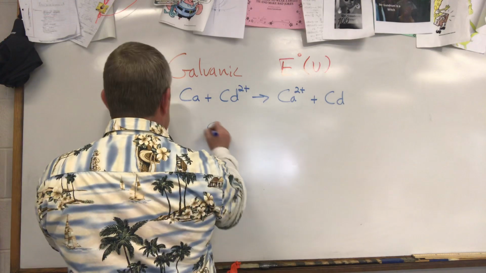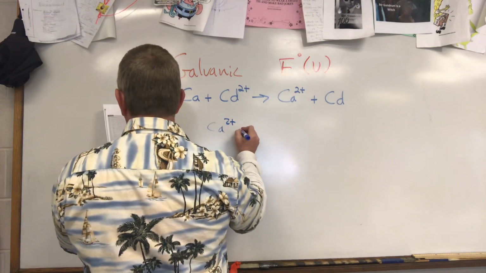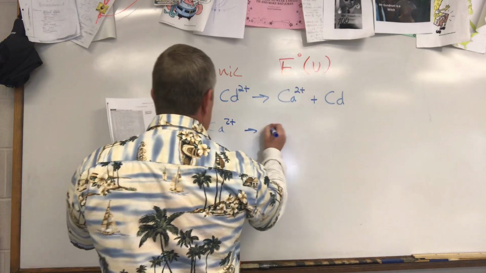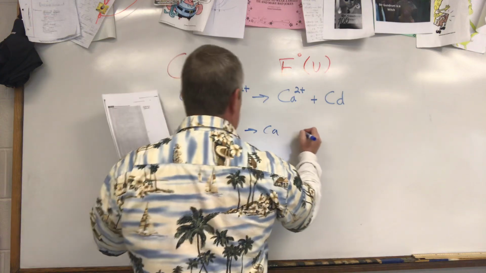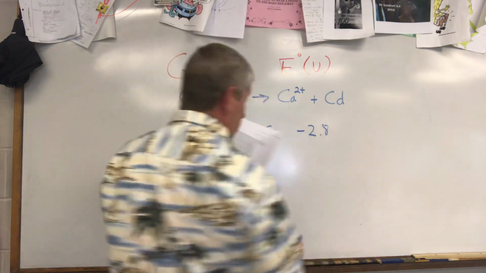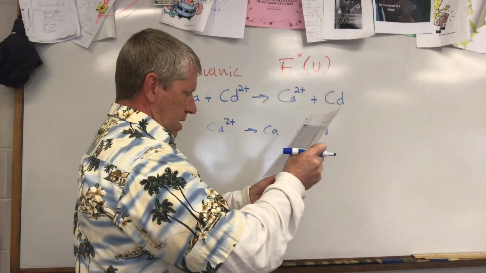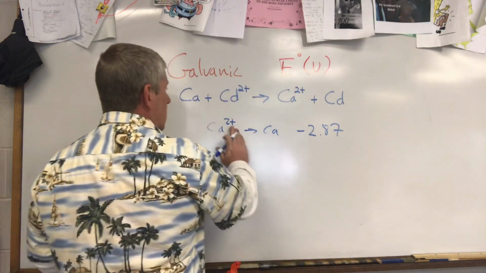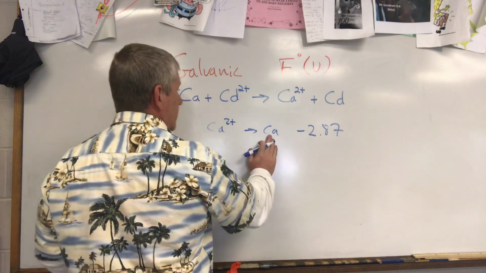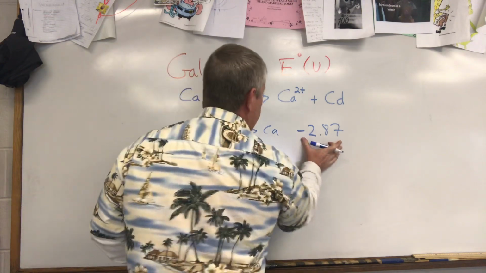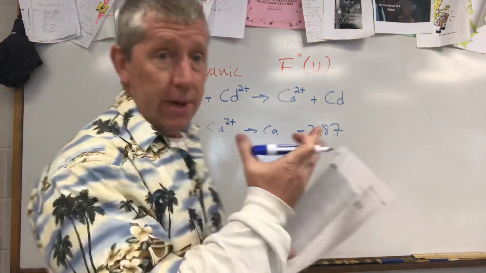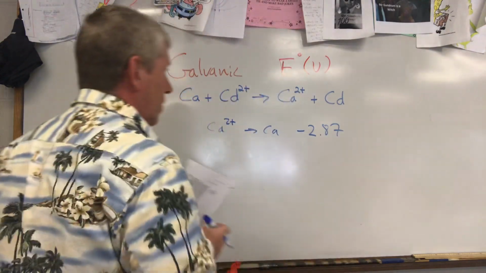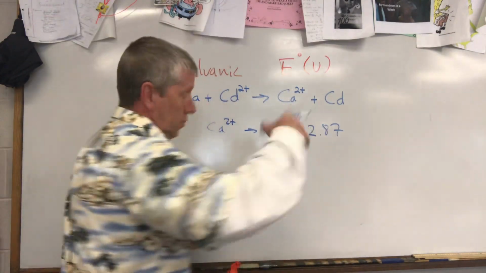I'm going to write this down the way it's written. My chart's really hard to read. It's all gray and nasty. 2.87. Okay, so calcium reducing, remember, reduction means a lowered oxidation number, gives me a reduction potential of negative 2.87, which really means it's really far down on the chart.